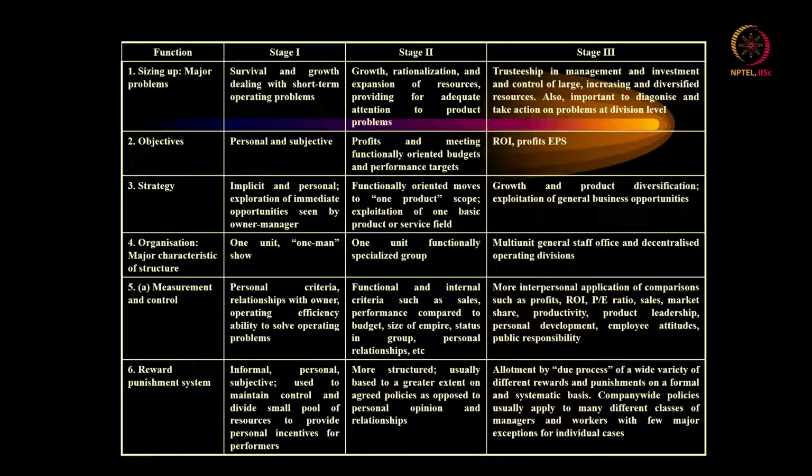When you are looking at stage 2, growth, rationalization and expansion of resources, providing for adequate attention to product problems. So, the main important thing in stage 2 is you are looking at the product attributes. That is, a manager is looking at each of the attributes of the products which are put out into the market.